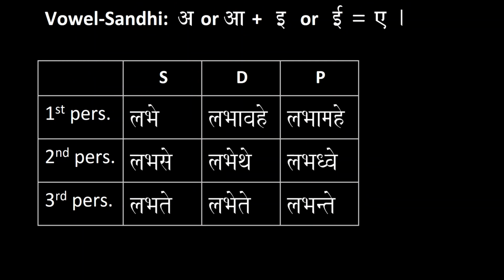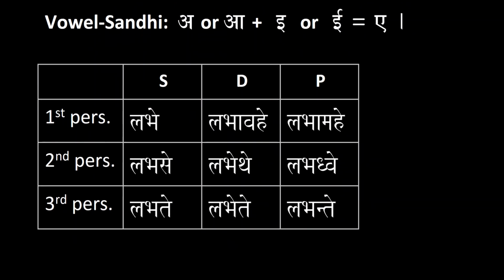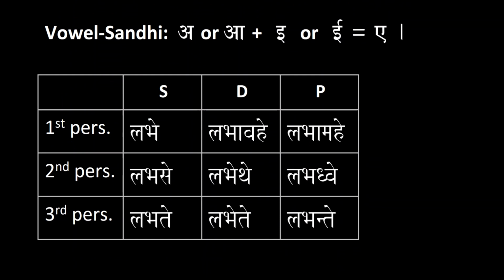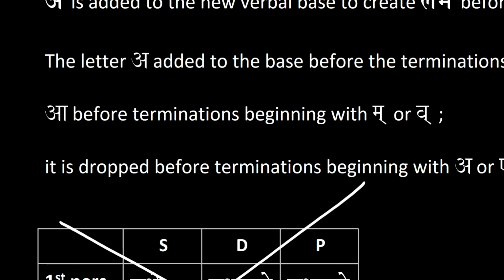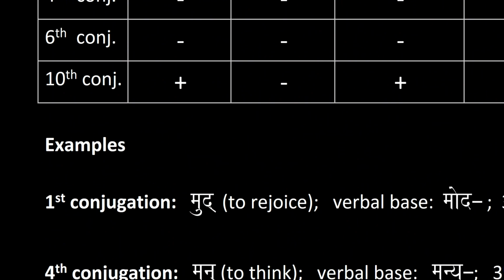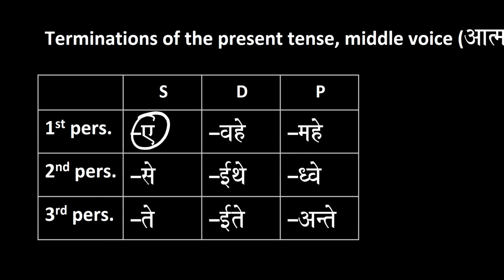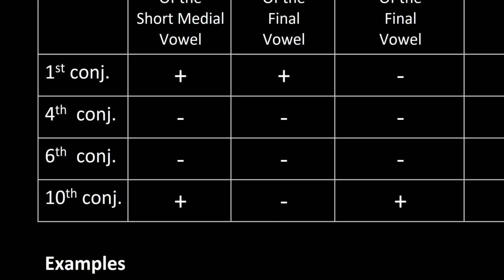So remember when you are conjugating something in the middle voice, especially because we have vowels for our termination endings, like a and e, we have to be very mindful of the vowel sandhi. Because once you're adding an a, it's going to change the entire thing.